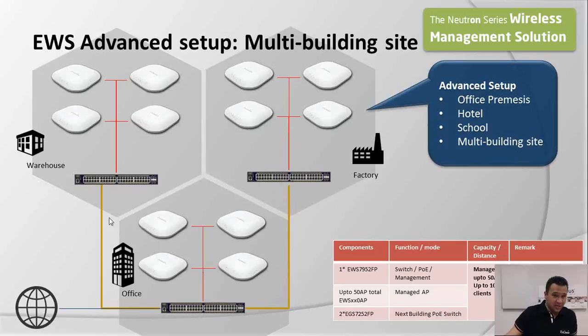It can be connected by fiber because we have SFP slots in our switches. Just add another SFP module into our switches to make fiber connections between them for more throughput.